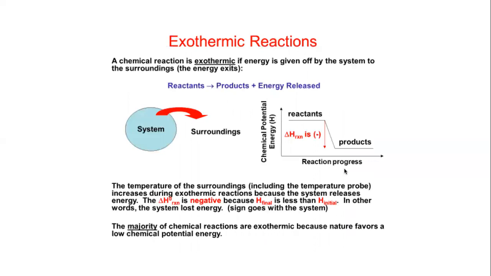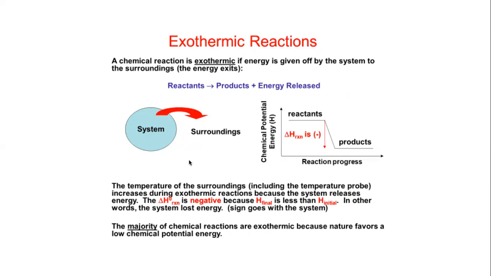So we talked about how temperature changes can be a sign of a chemical reaction. And there are two types of reactions that we want to think about. The first we're going to talk about is exothermic reactions. This is a chemical reaction in which energy is given off by the system to the surroundings.